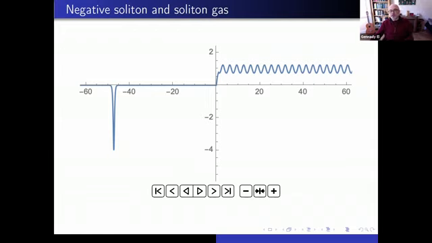So this solution looks not very gaseous, I would say. It looks like a regular single-gap solution, a cnoidal wave. So is it so? So this is just in this illustration, right?